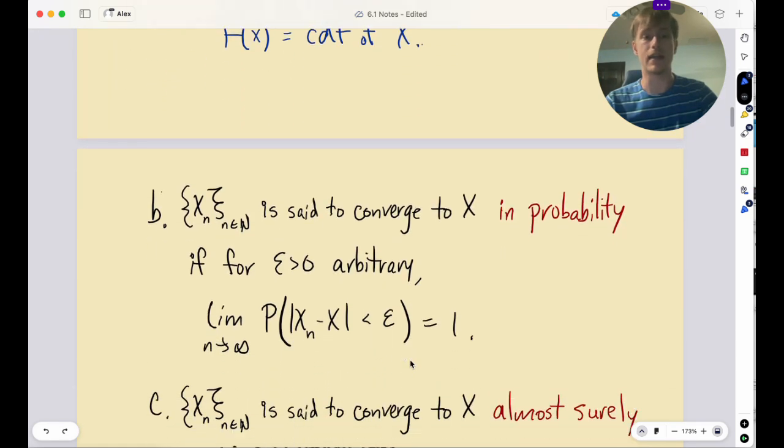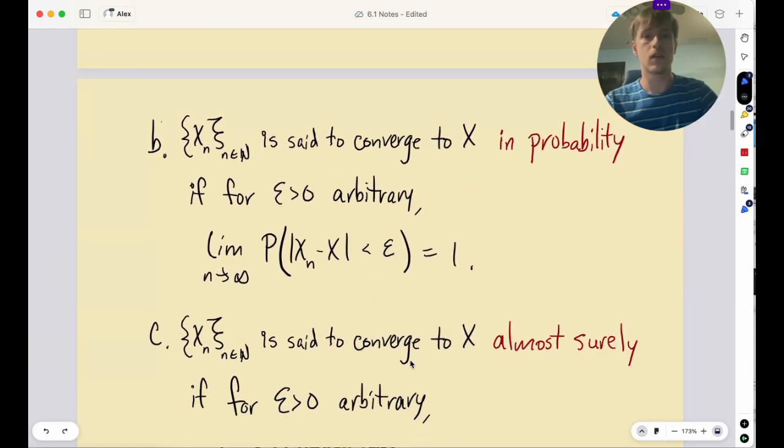The second way is that Xn could converge to X in probability, and that means if epsilon is allowed to be just some positive arbitrary real number, we have that the limit as n approaches infinity of the probability that the absolute value of Xn minus X is less than epsilon is equal to 1.